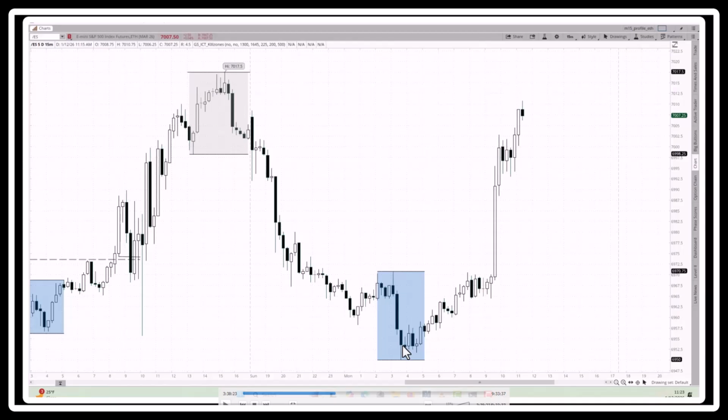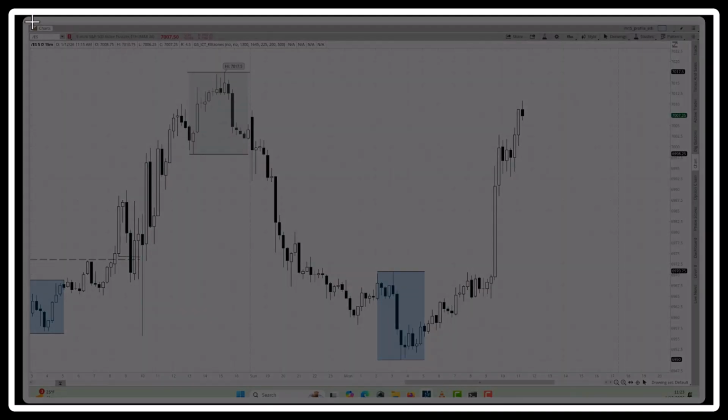So right here is the last liquidity sweep. It sweeps this level right there. Let's draw that level to see why it's so explosive right there.